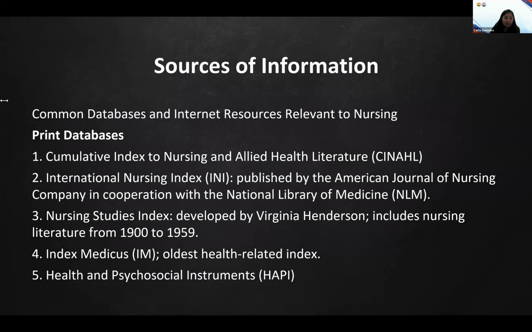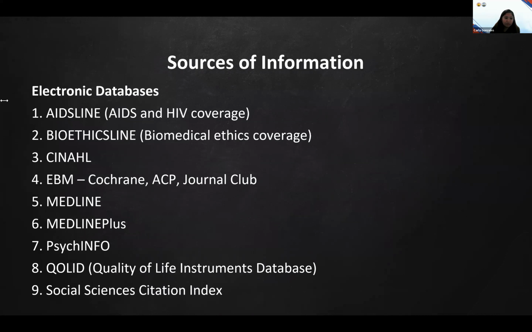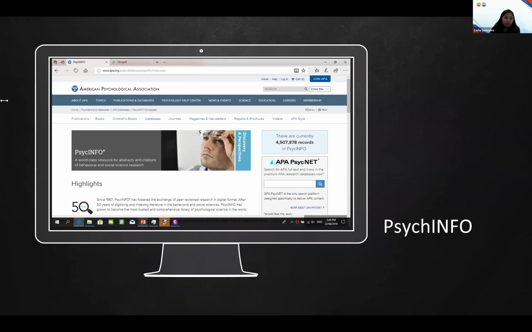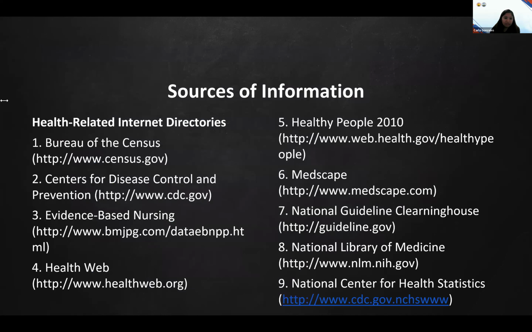And these are print databases. You have your electronic ones. I'm sure you've heard of CINAHL, Medline, PsycInfo, and this one is from the APA. They also have very good published studies here. There are also health-related internet directories. You try to avoid using health blogs, and you have to download the actual studies.